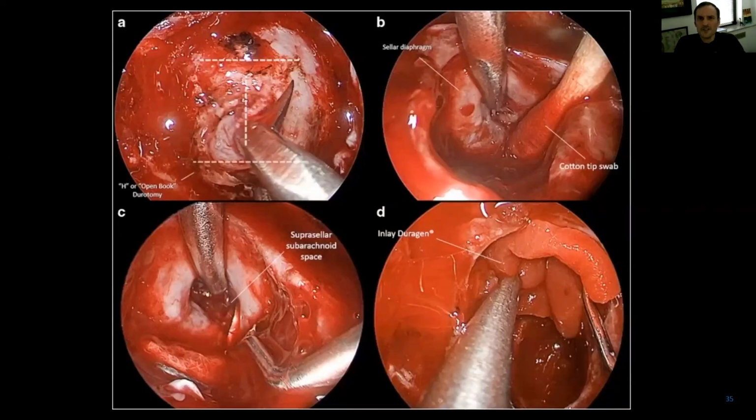And so here are just some still images of a pituitary surgery for, say, a macroadenoma. And you can see here, we typically open the dura around the pituitary in an H shape or an X shape to get to the pituitary.